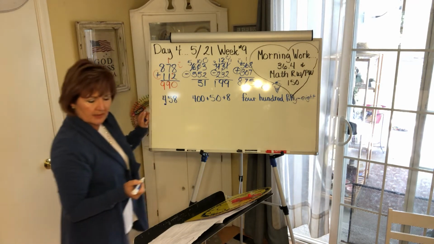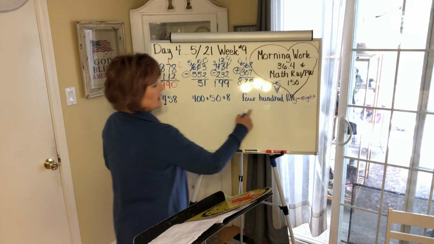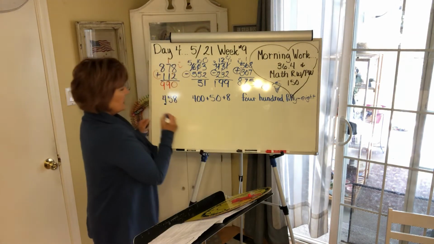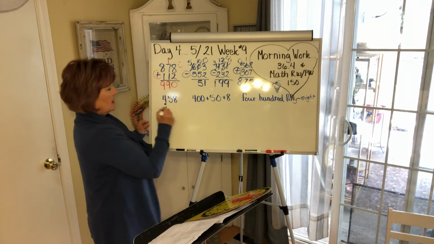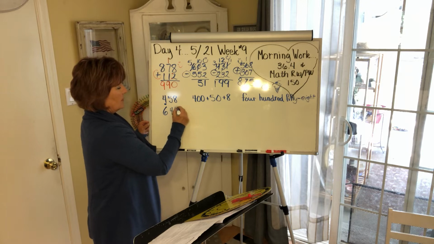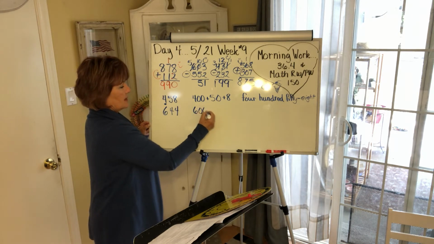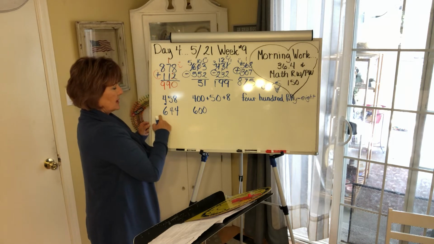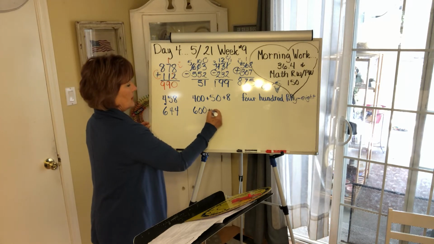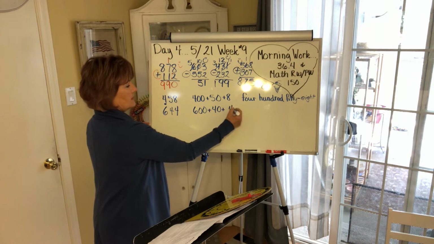458. Okay, so what do you have there? 644. 6 hundreds, 2 places over, right? 40, 1 zero, 4.